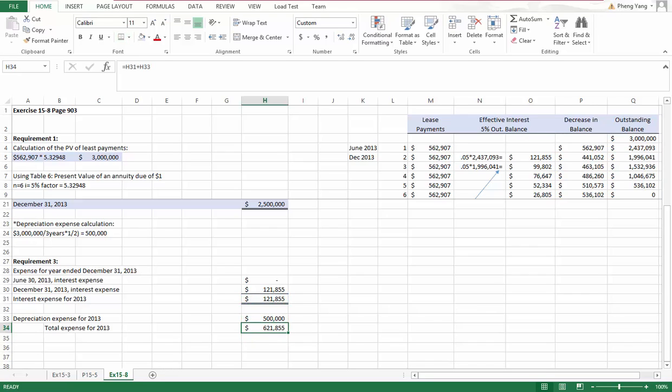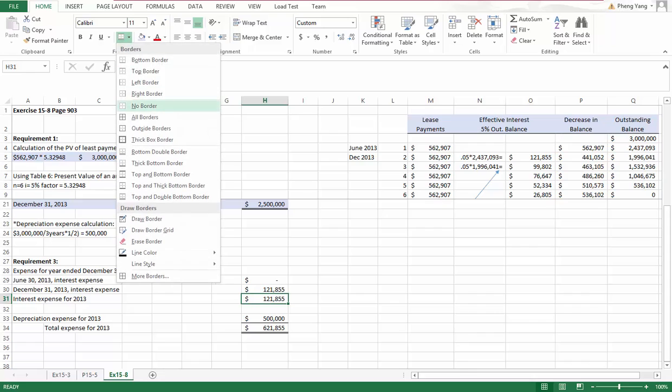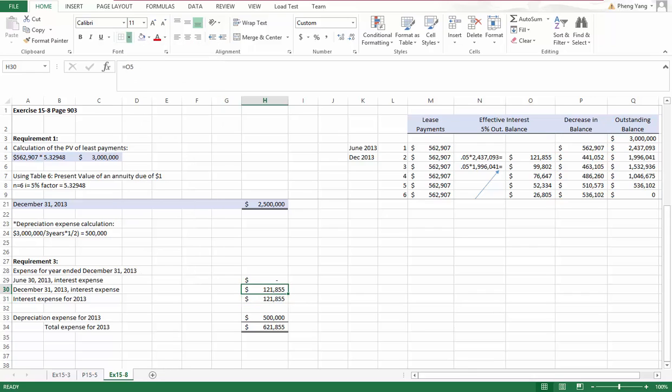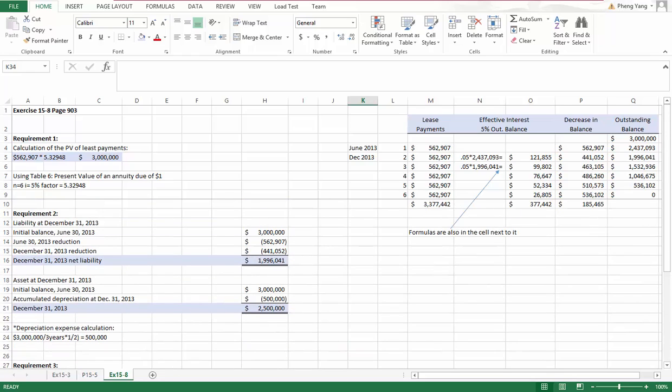So my total expenses recorded as of the end of 2013 will be $621,855. Okay, and that's then exercise 15-8.